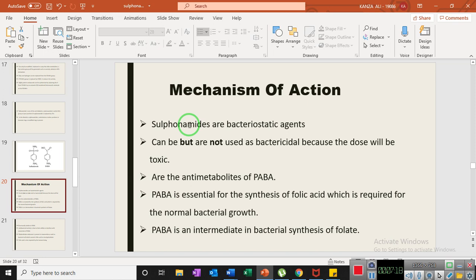Sulfonamides. In the first lecture, in the introduction, we have seen that sulfonamides or sulfonylamide is obtained from a red dye that is prontosil, and the different derivatives are synthesized from that one, sulfonylamide. What does it mean?